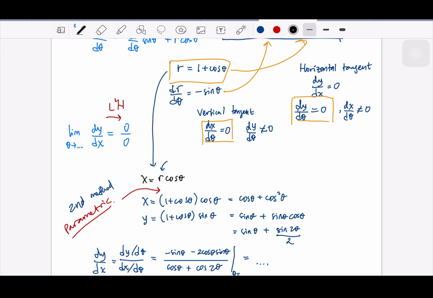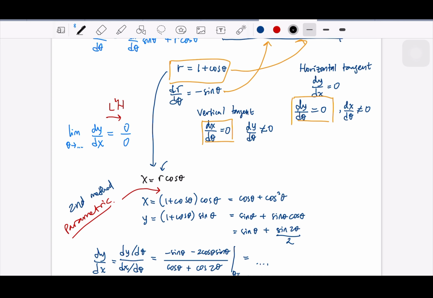Now we move to the next section, which is the conic sections. We will focus on at least three subsections: parabola, ellipse, and hyperbola.